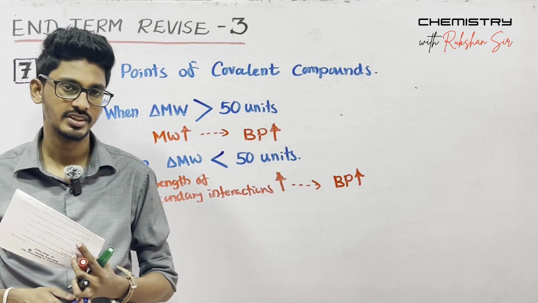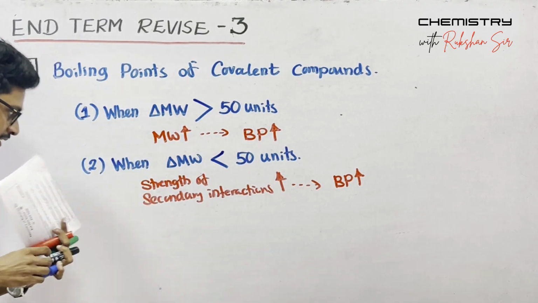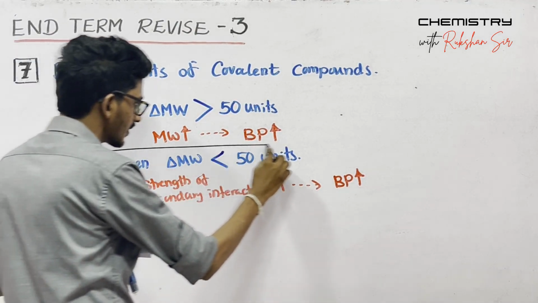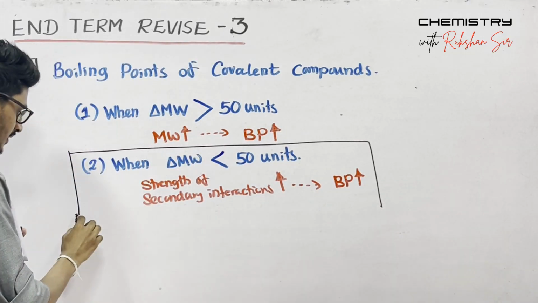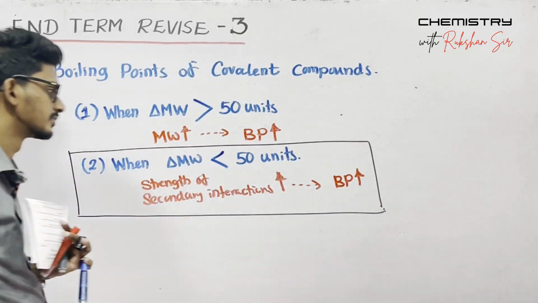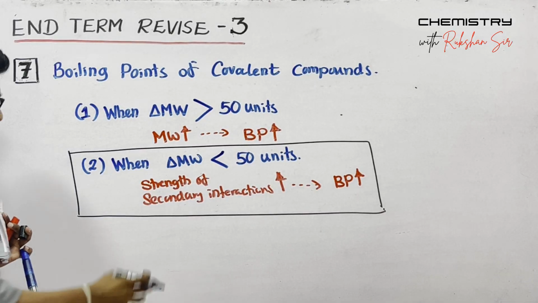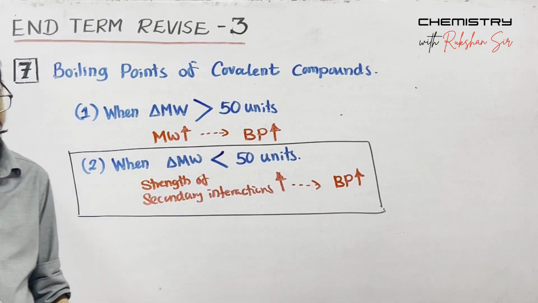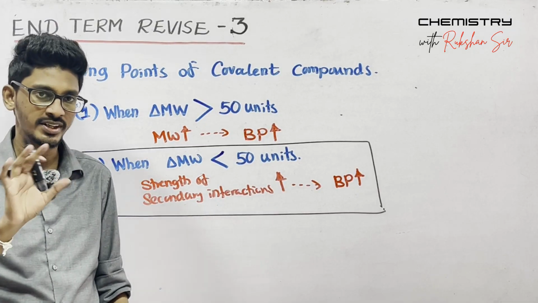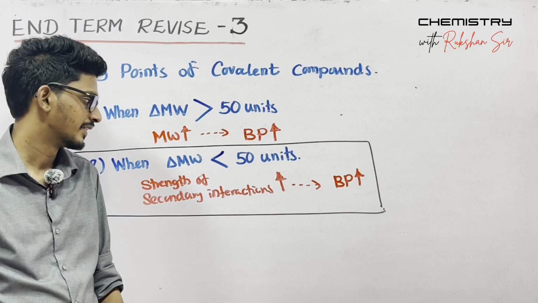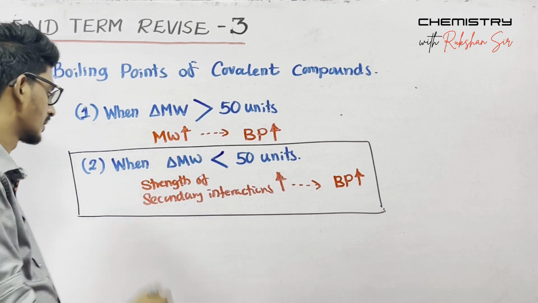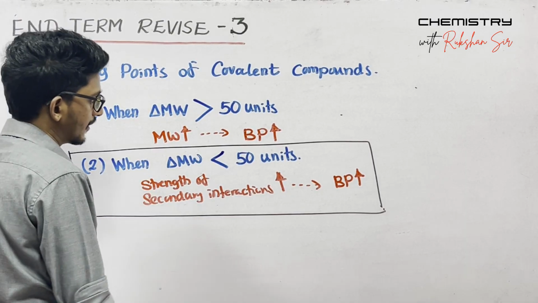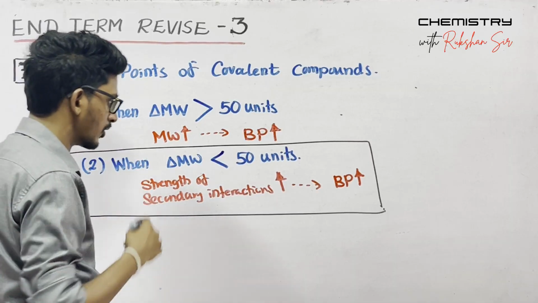H2O is 18. The difference between 44 and 18 is less than 50 units, so the two come under the second category. So we have to discuss the secondary interaction strength to see which has the greater boiling point.